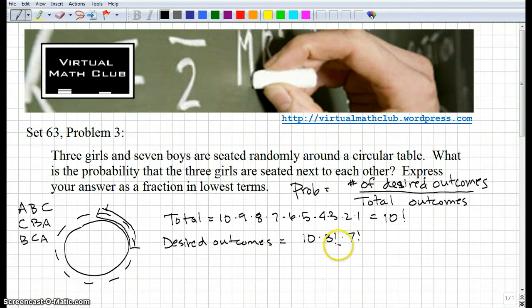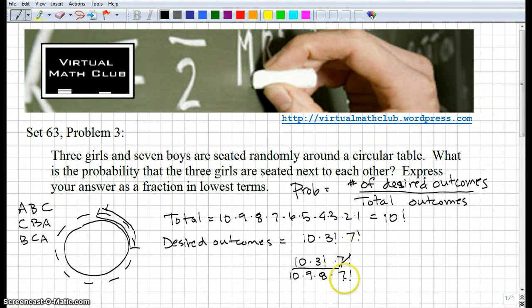But I'm not going to multiply that all out, because I want to calculate the probability. I've got a numerator and denominator, and if I don't multiply that all out, I can see the factors easily, and I can eliminate common factors. For example, I can see a 10 and a 10, and 10 over 10 is just 1. So we basically have 10 times 3 factorial times 7 factorial over 10 factorial. I'm going to write that as 10 times 9 times 8 times 7 factorial, which is the same as 10 factorial.